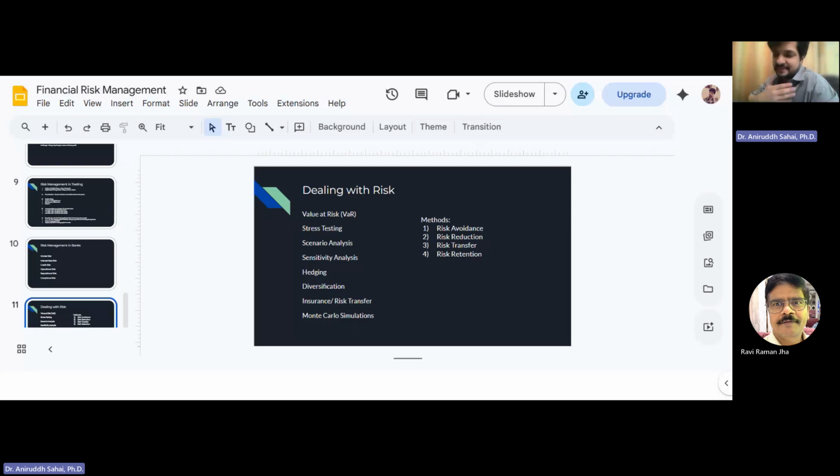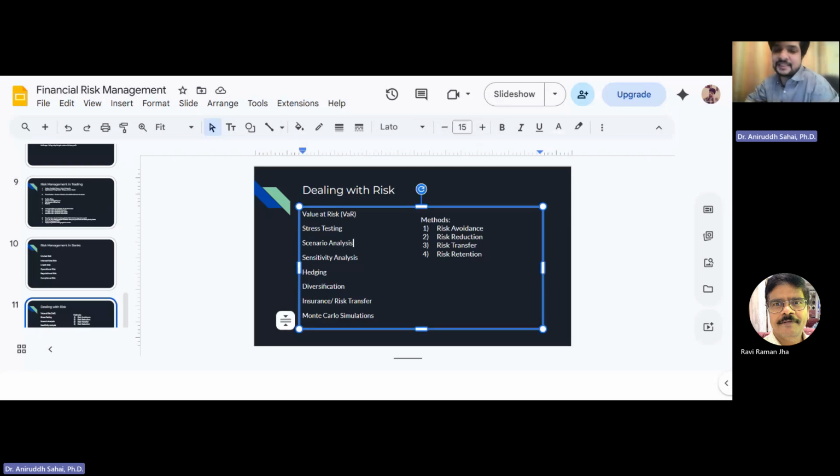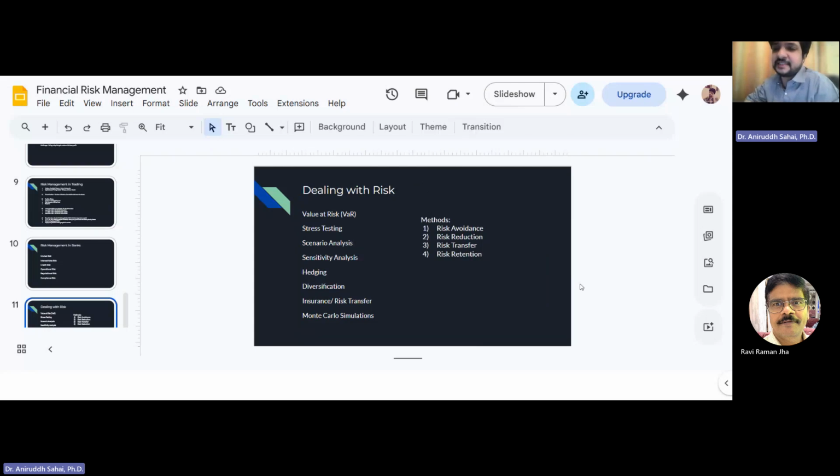Now, based on this probability and the expected outcome, you can calculate your overall expected return, your overall risk for the different situations, and prepare accordingly. This is known as scenario analysis. Looking at all kinds of scenarios, assigning probabilities, looking at their expected outcomes, and coming up with the final analysis and preparing yourself for the final outcome. The fourth term given here on the slide is known as sensitivity analysis.